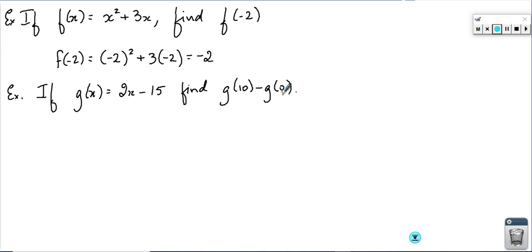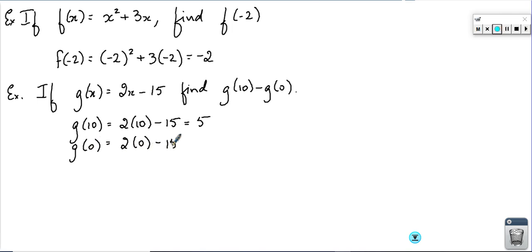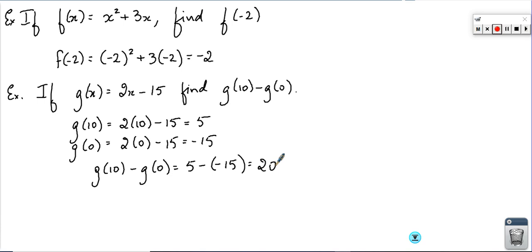I need to find what is g(10), I need to find what is g(0), and then I need to subtract. So, g(10) is 2 times 10 minus 15, that's equal to 20 minus 15, 5. g(0) is 2 times 0 minus 15, and that is equal to 2 times 0 is 0, minus 15. So g(10) minus g(0) is 5 minus minus 15. Remember that a double negative gives a positive, that gives a result of 20.